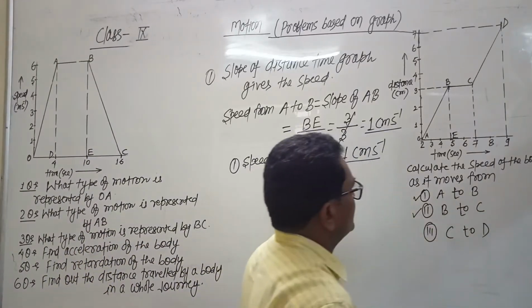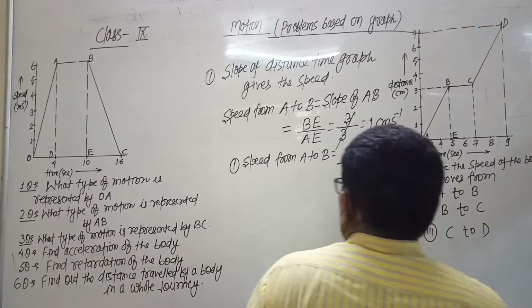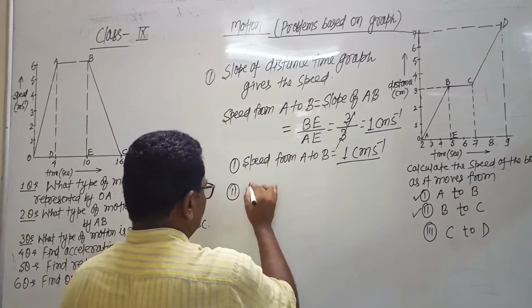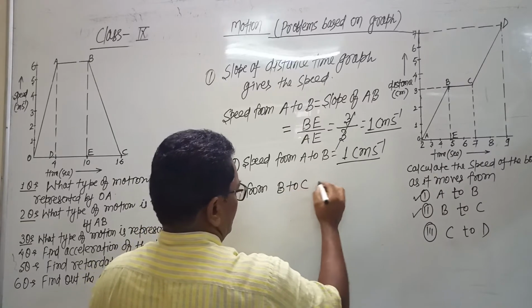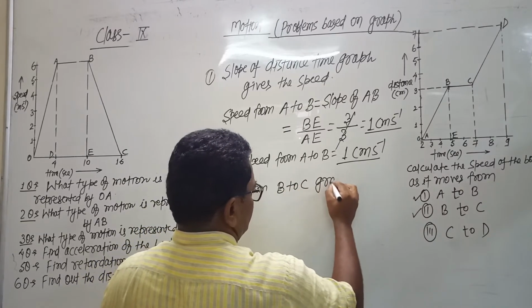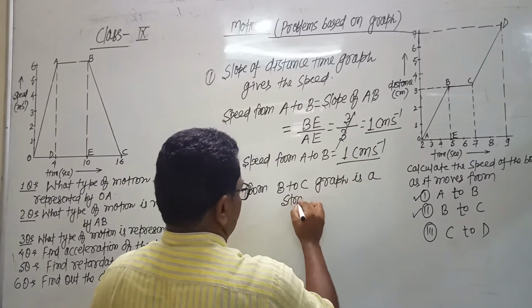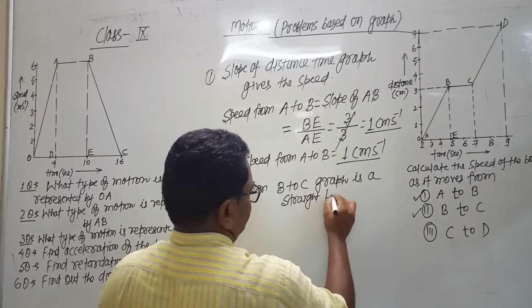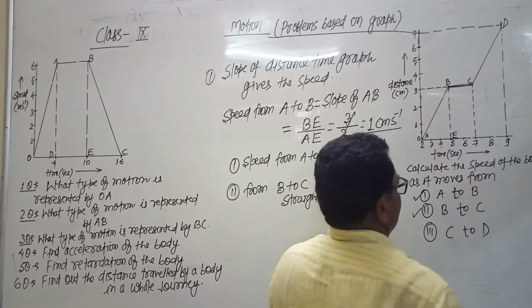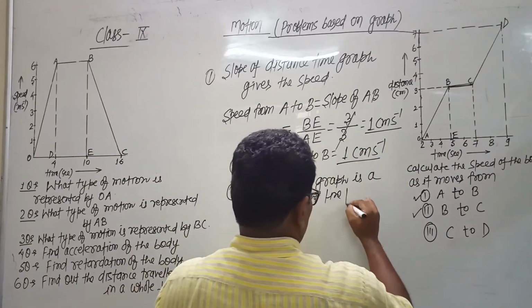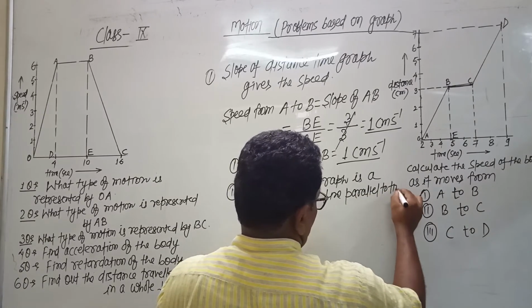Next we have to calculate the speed from B to C. From B to C, the graph is a straight line parallel to the time axis.